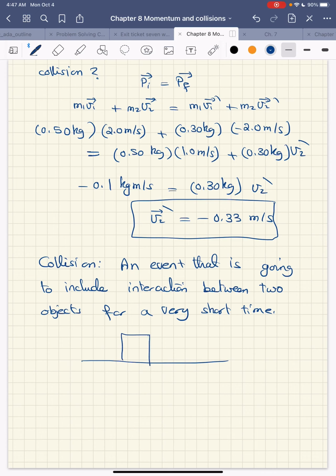And when they are going to hit each other, we can say force from 1, 2 on 1 should equal negative the force from 1 on 2.